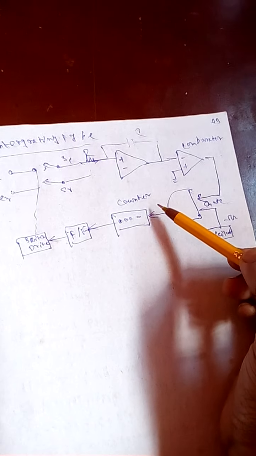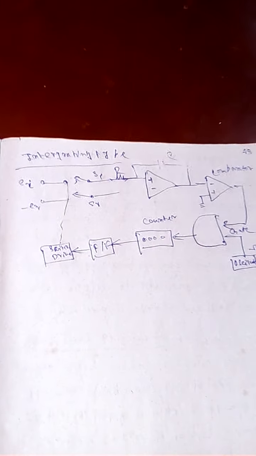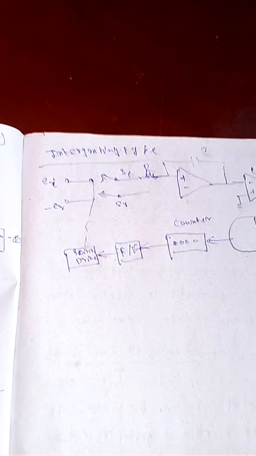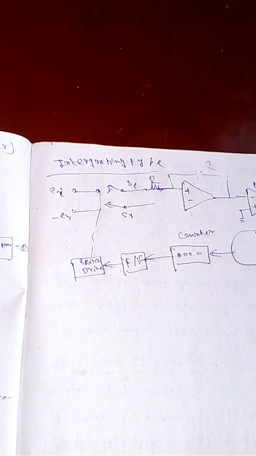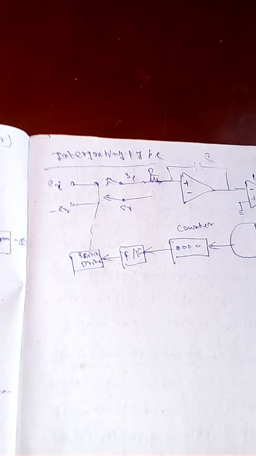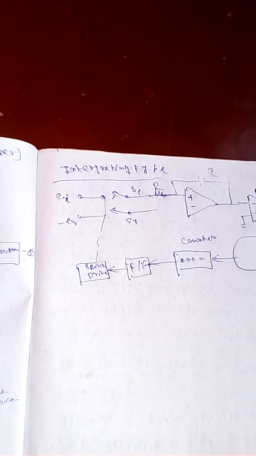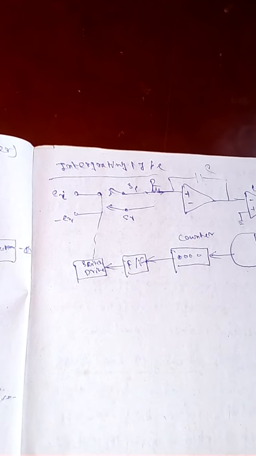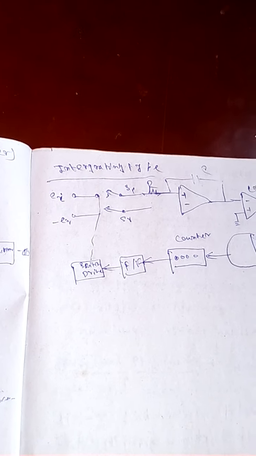Count now to the maximum count reached. Suppose the starting point is 000, then the limiting point is the maximum, 9999. Then on the next clock pulse it is again 000, and the flip-flop is again 1.